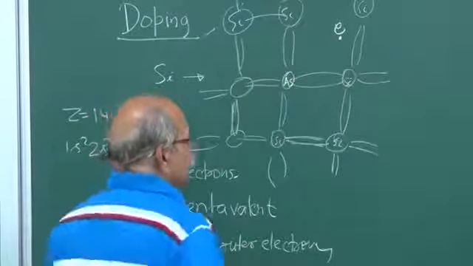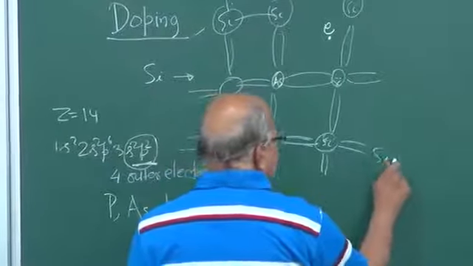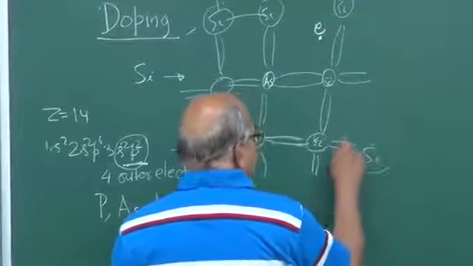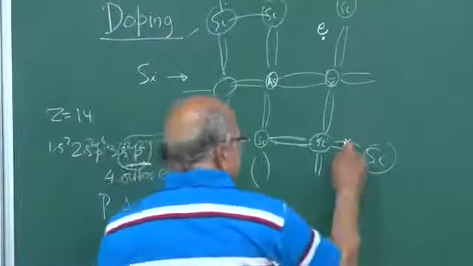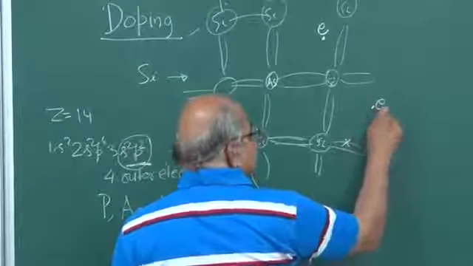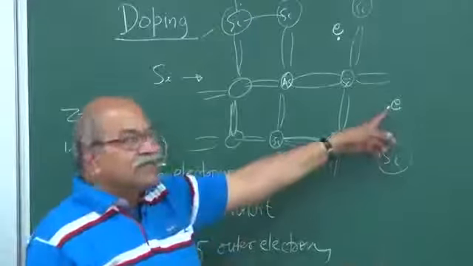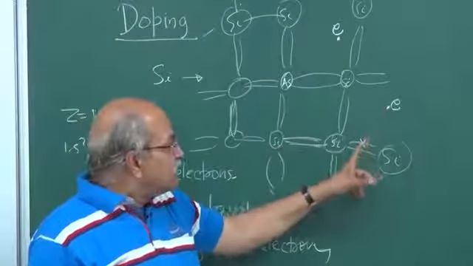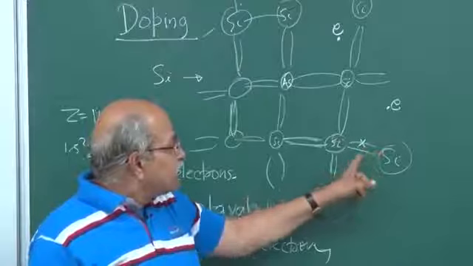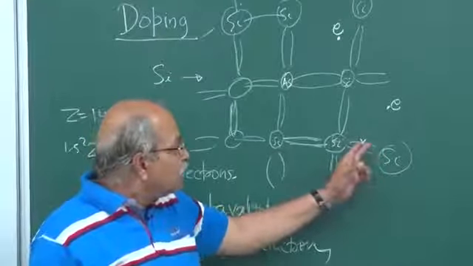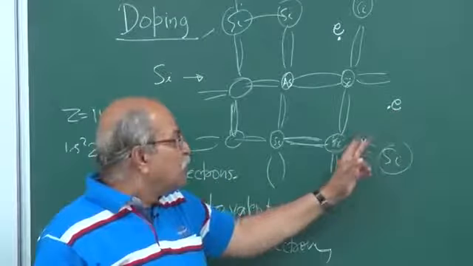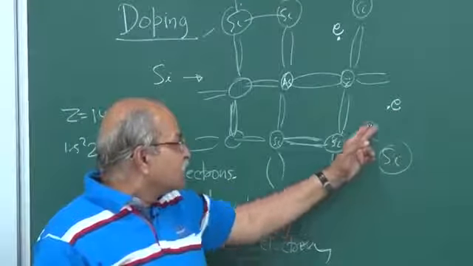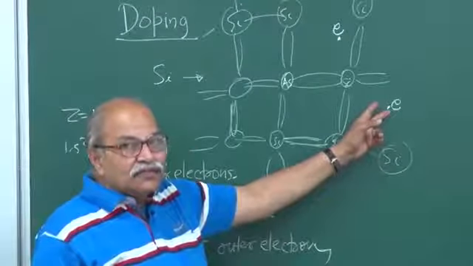You can also compare: suppose you have a silicon here with this bond, and this bond is broken, and this electron comes here. This electron is in the conduction band. A valence band electron has gone from the valence band to the conduction band. This bond is broken and this electron has gone to the conduction band.